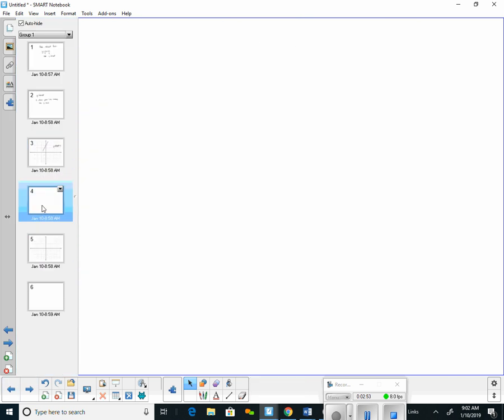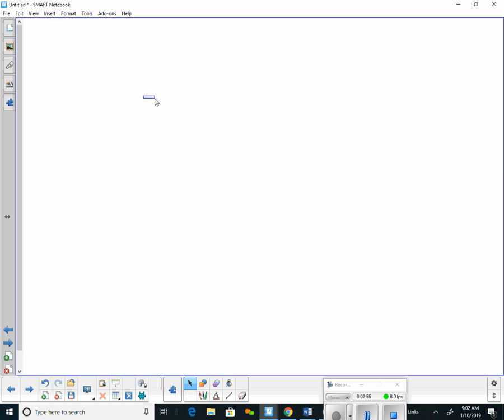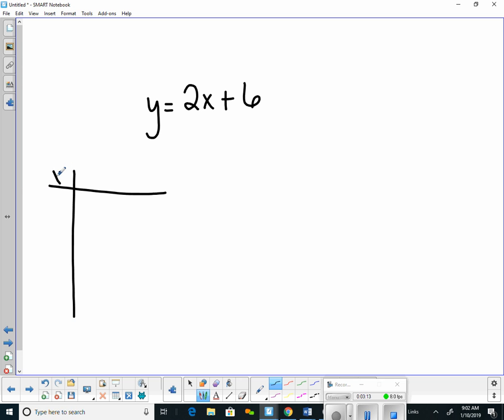Well, if I give you an equation that says y equals 2x plus 6, and I ask you to graph that, and I didn't tell you anything else about it, one thing you could do is make your t-table or your box table over here, and we could identify x.